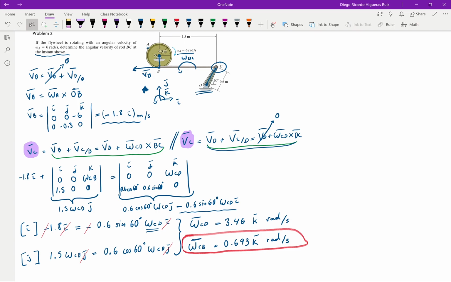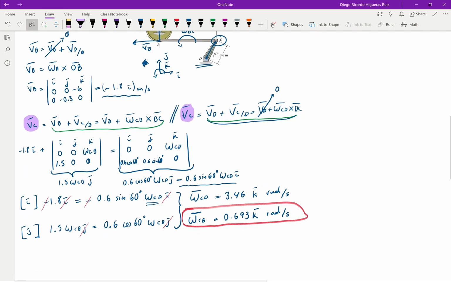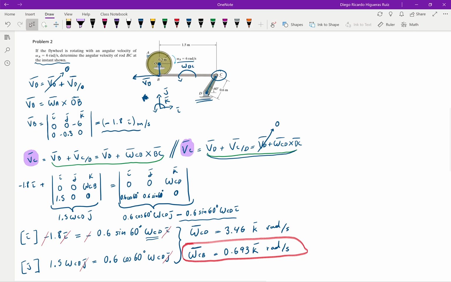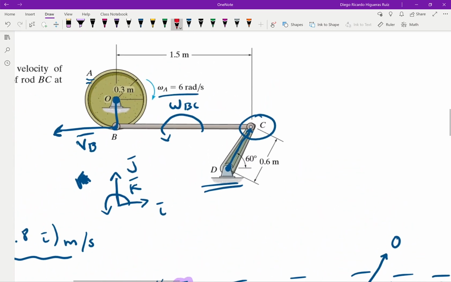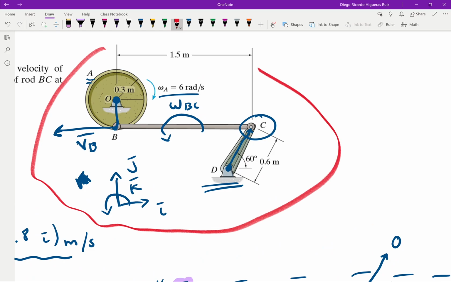All right. So this is it. Hopefully it's straightforward. As a takeaway, I will highlight the fact that when you are given a system just like that, you can always start solving those velocities that you need. For this problem, we could solve VB pretty straightforward, using the relative velocity equation.